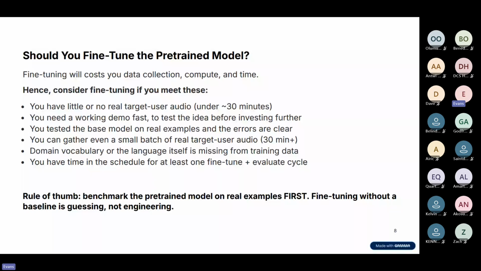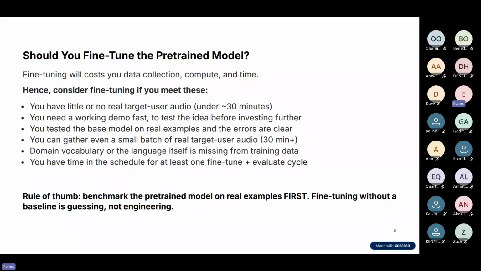Before you fine-tune, you have to make sure, okay, the model I'm working with, was it trained with the target audio that I would want? If your answer is no, then you can fine tune. I want to work in agriculture.